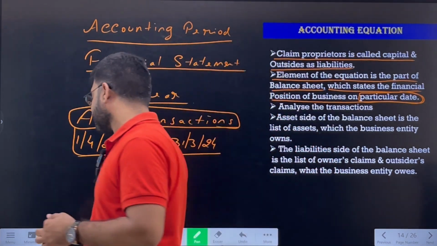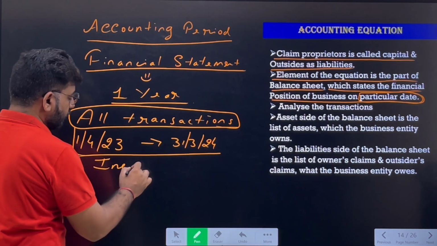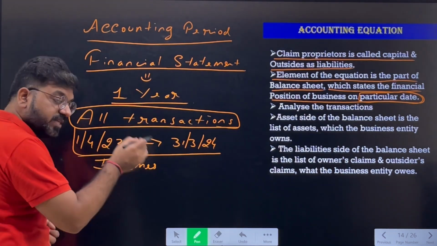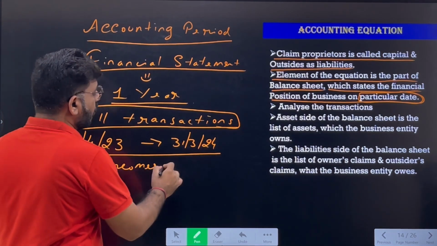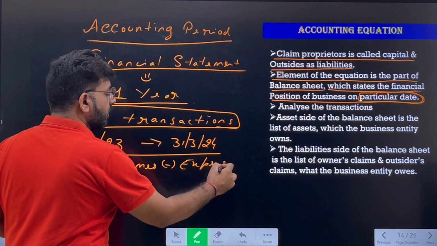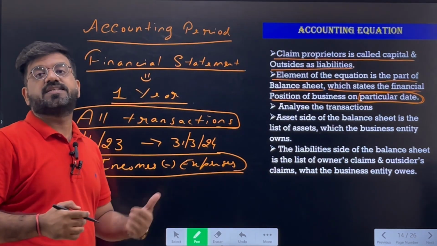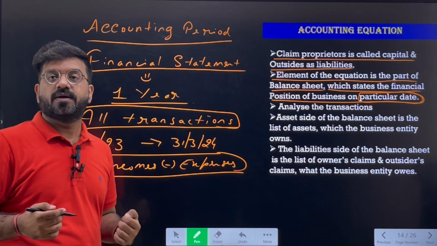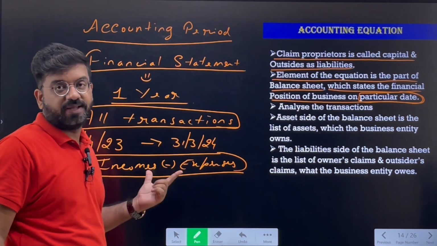Next, all the incomes of this period have to be recorded in the financial statements, and then all the expenses are to be deducted from these particular incomes only, which are of that 1 year's period of time.